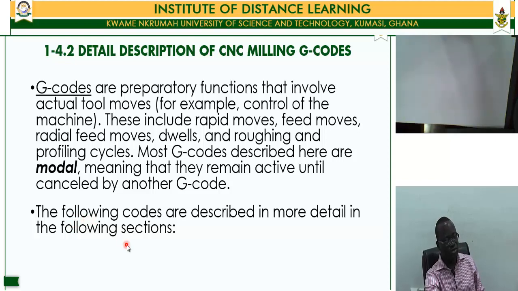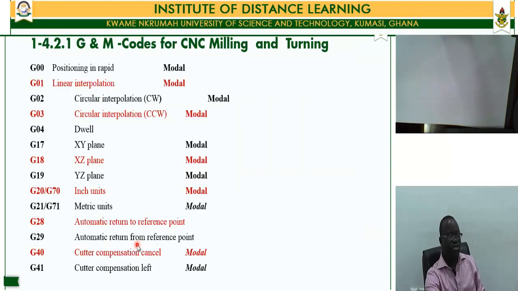Now, most of these codes described here are modal. Now, when we say the codes are modal, what it means is that when you issue the code on a line, that code remains active throughout until it is cancelled by another G code. So we say that they remain active until cancelled by another G code.